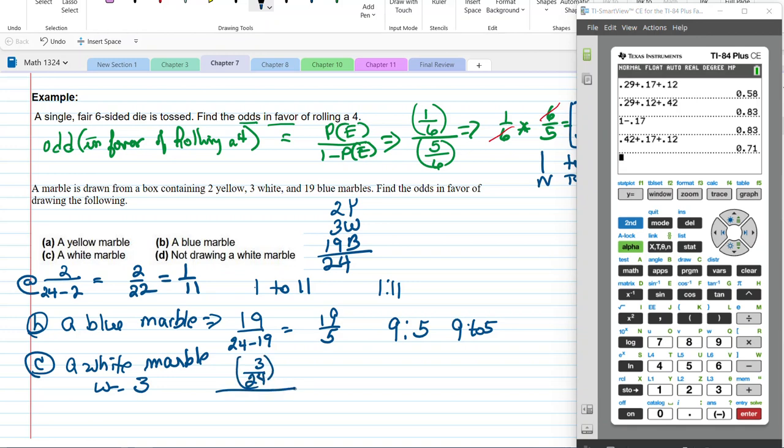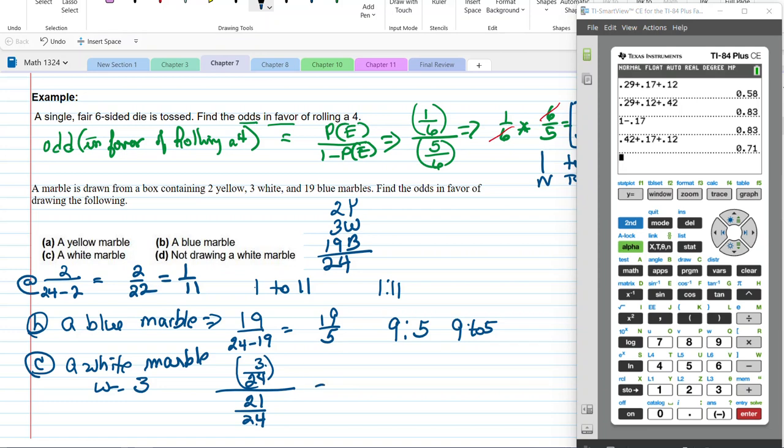Okay, to get the odds, the rest are 21. The numerators will add up to the denominator at all times for odds.